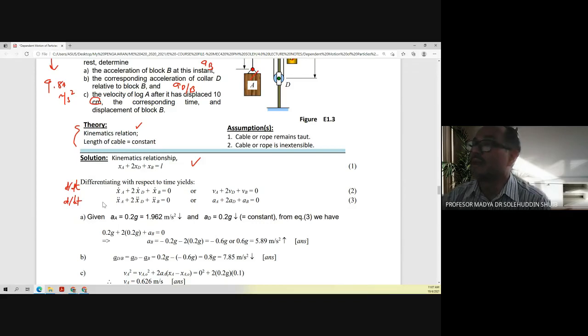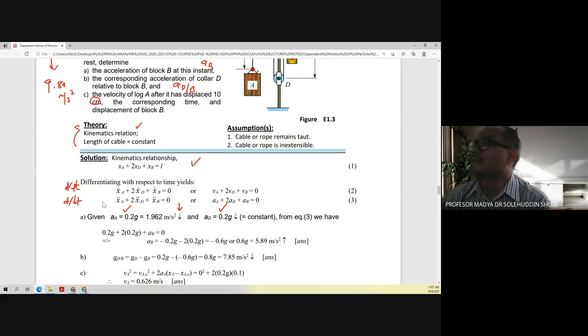Since the acceleration of A is 0.2 g, at D it is also the same, with gravity acting towards it, which is 0.2 g as well. So here 0.2 g and at D also 0.2 g.